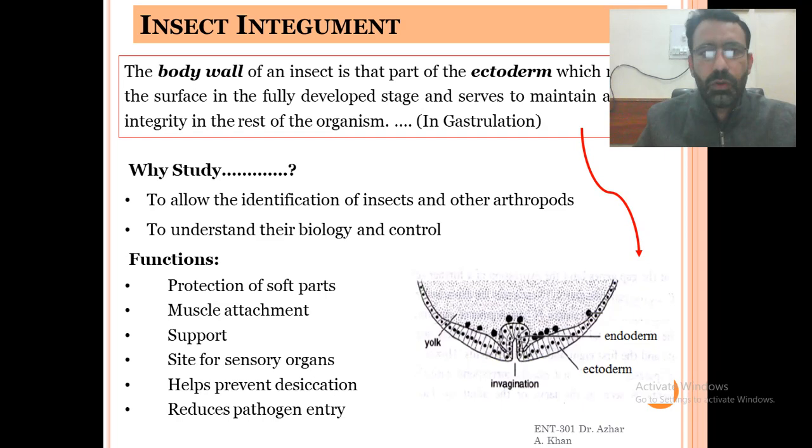The basic functions performed by the integument are to protect the soft tissues, organs and systems of the insect, to provide a place for muscle attachment, and to provide support to appendages and their functioning organs, then to provide a site for the sensory organs, and it also helps in preventing desiccation of different parts.